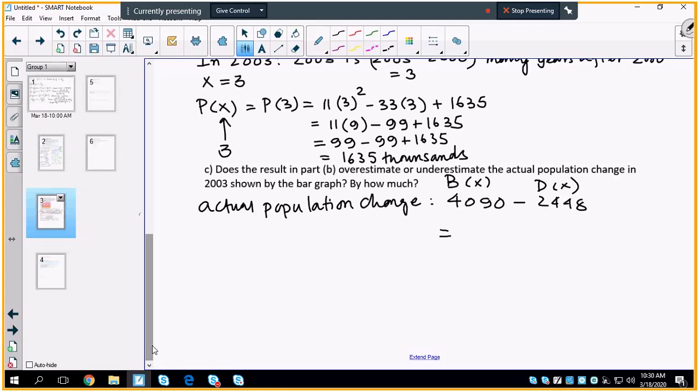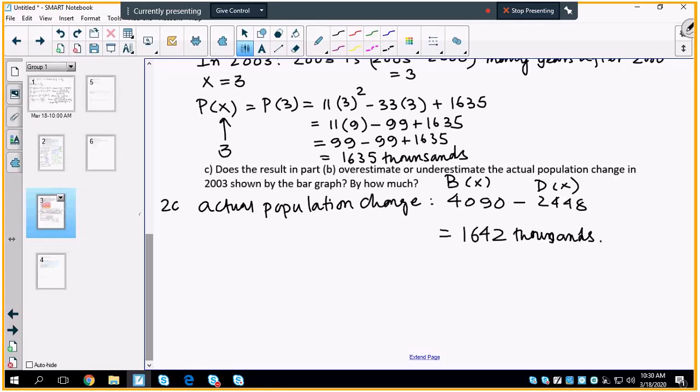So let's do this calculation. 10 minus 8 is 2, 8 minus 4 is 4, 10 minus 4 is 6, and 3 minus 2 is 1. So 1642 thousands.